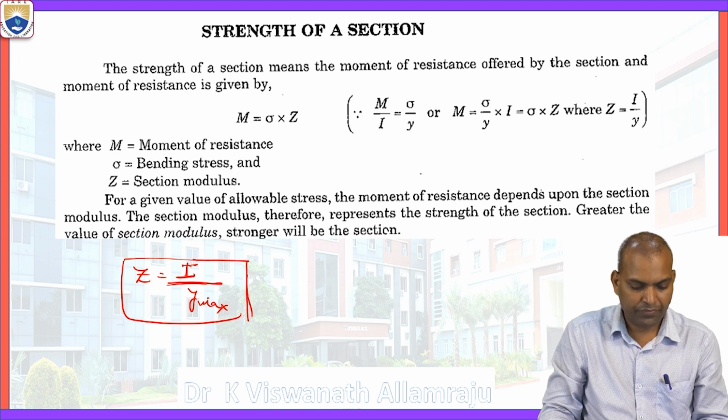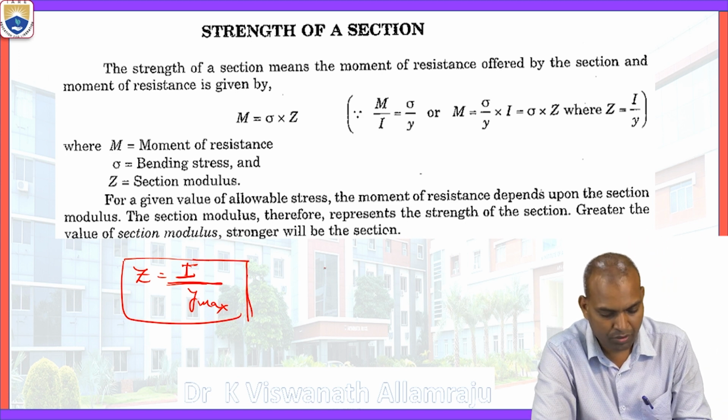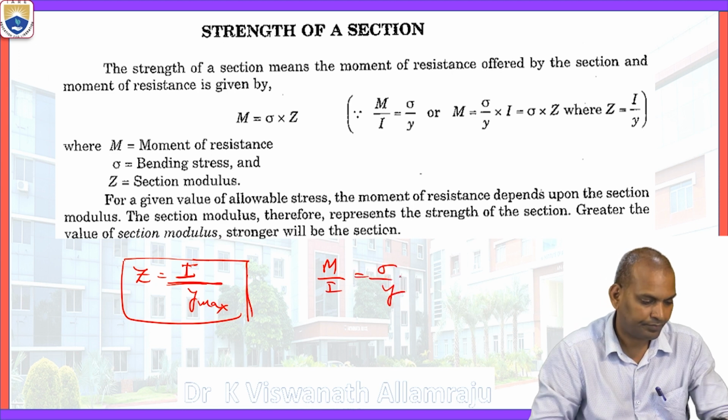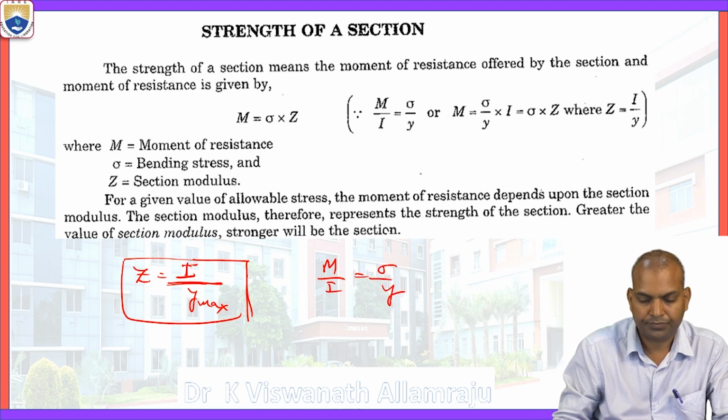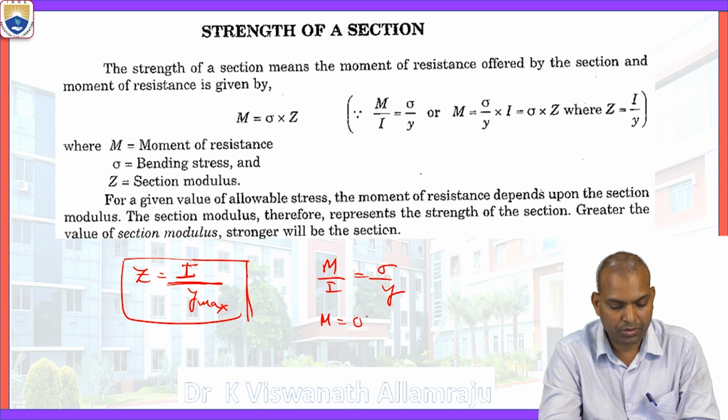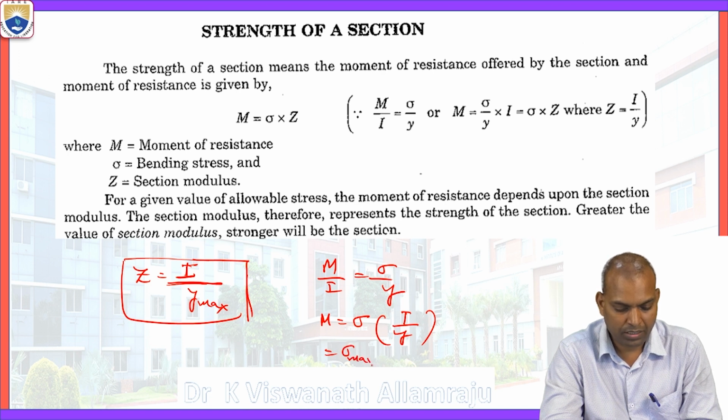So the concept of section modulus: M by I equal to sigma by Y. From this, M equal to sigma times I by Y. Sigma becomes sigma max when Y becomes Y maximum.